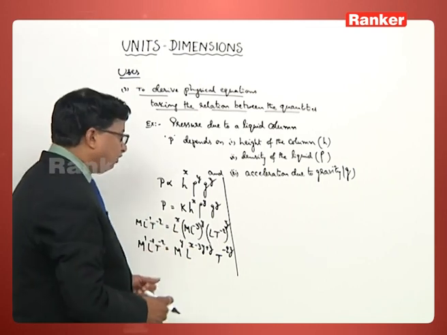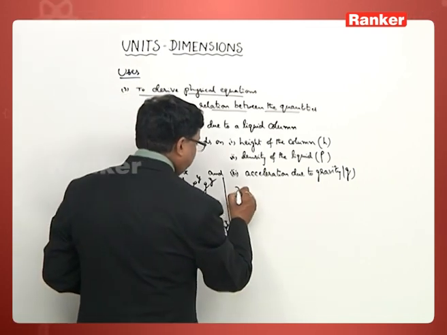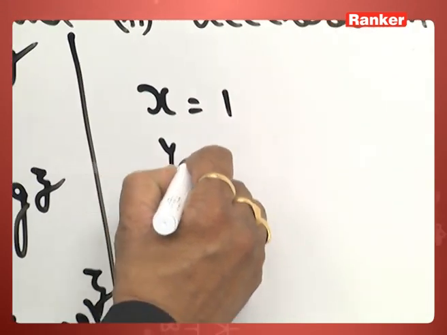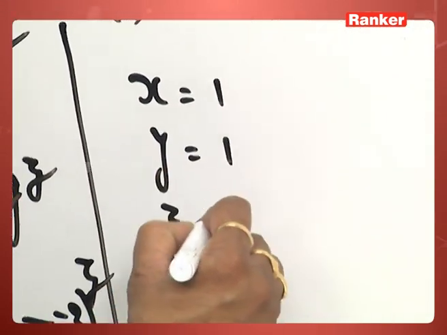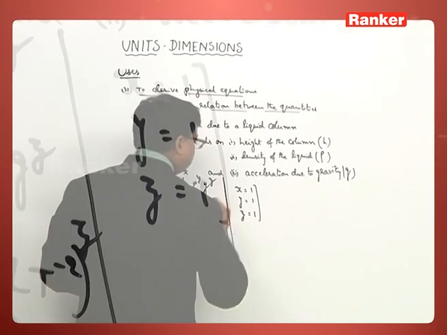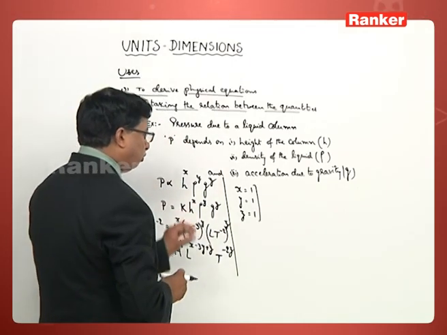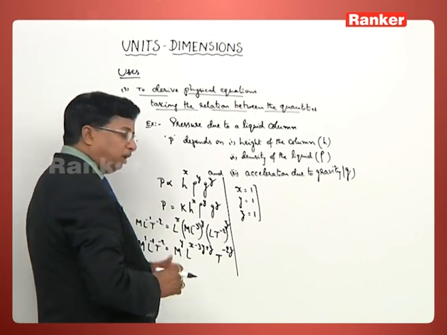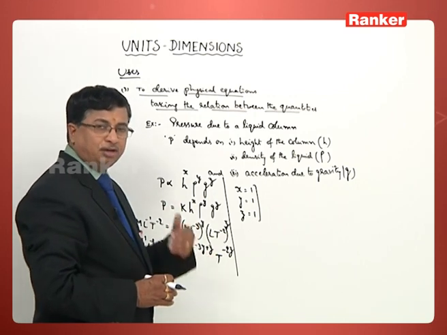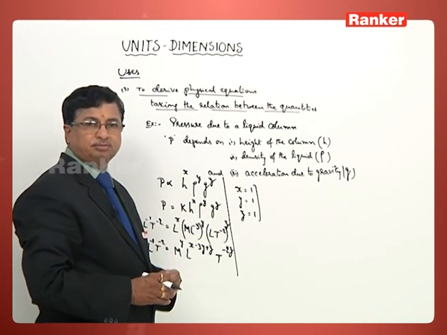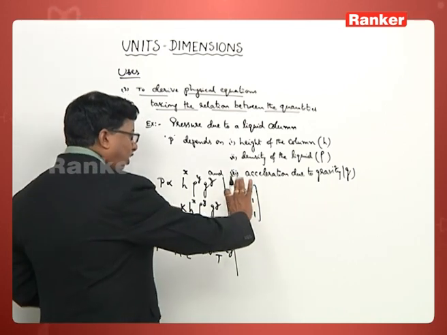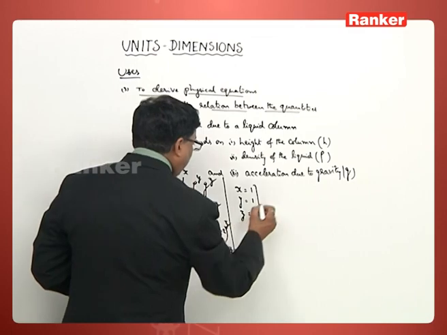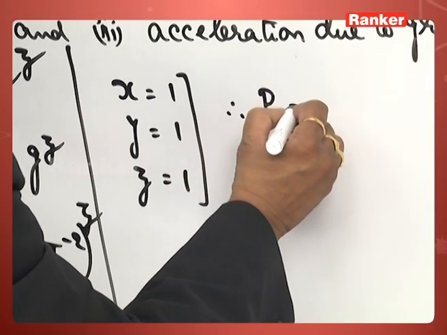So, what can we understand out of that? x will be 1, y will be 1 and z also will be 1. These are the three values we get after equating the powers of mass, length and time. The moment we have these three values, what is going to be the equation for pressure now?